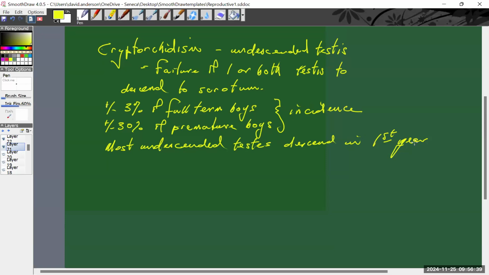Now, occasionally, cryptorchidism can develop after infancy, sometimes as late as in young adulthood, but that's really, really rare. And that would be a situation where the testes were descended and they actually retract. One of the differentials that needs to be considered in cryptorchidism is a condition where the testes are described as being retractile. In other words, they're quite mobile. And that's sort of a normal function of the testes.